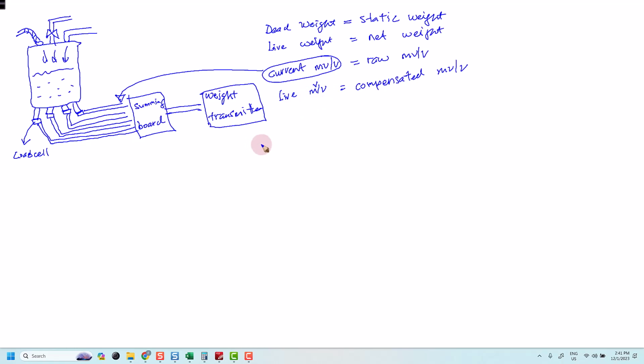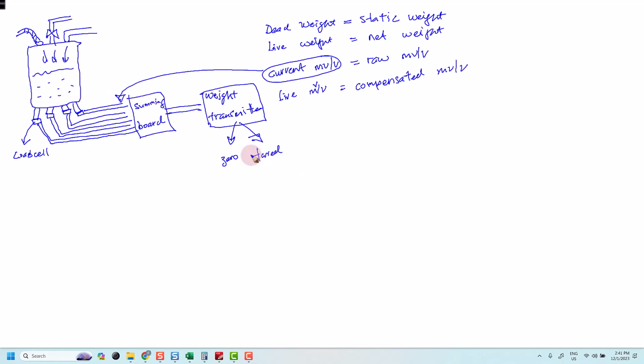Inside the transmitter, there is a zero button as well as a tare button. Once you press the tare button, it will zero out all the weight measured by the transmitter.